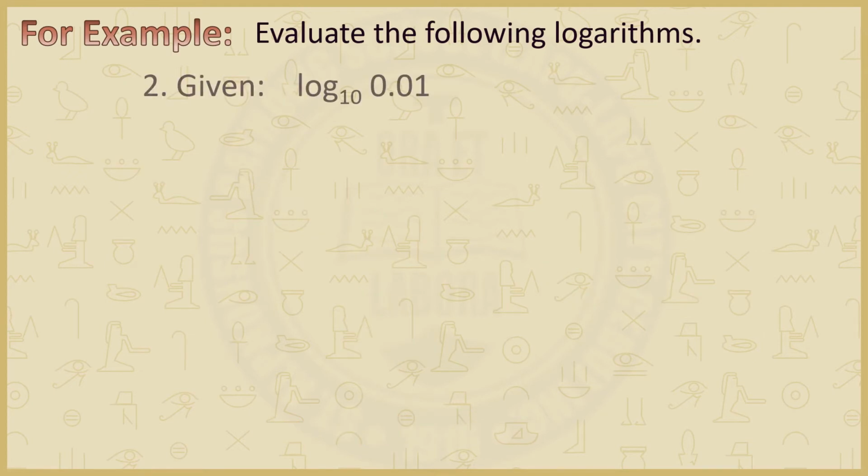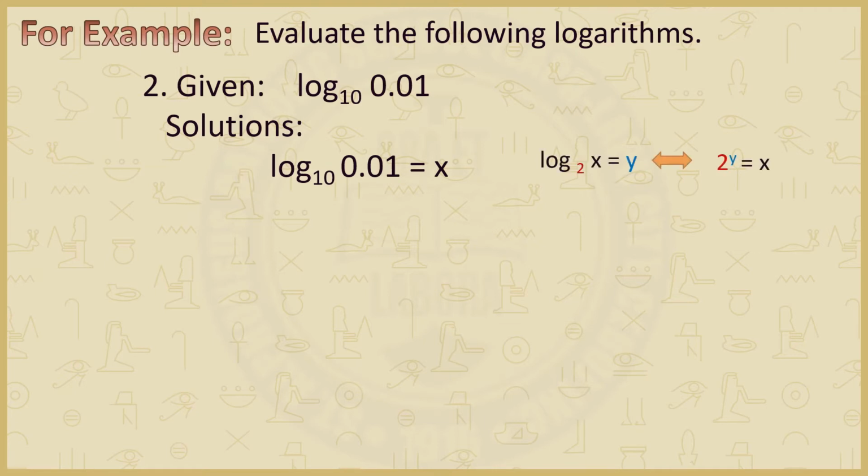The given is the logarithm of 0.01 to the base 10. Find its value. Here are the solutions. Write the logarithm of 0.01 to the base 10 equals x. According to the definition of the logarithmic function, this form can be written into this exponential form.